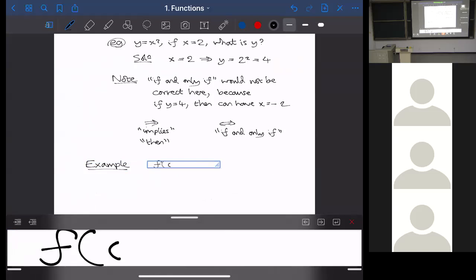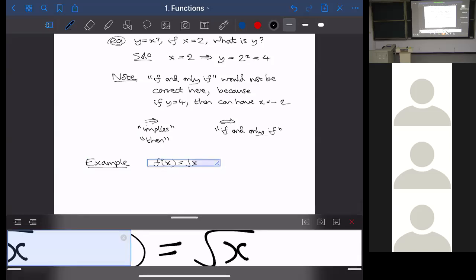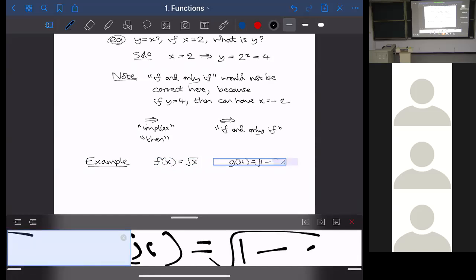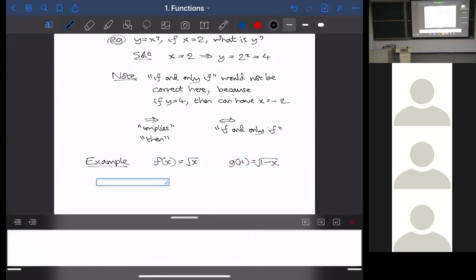Let's take Fx is square root of X and Gx is 1 minus square root of X. So what are natural domains for these?